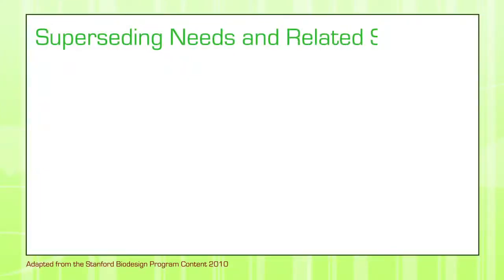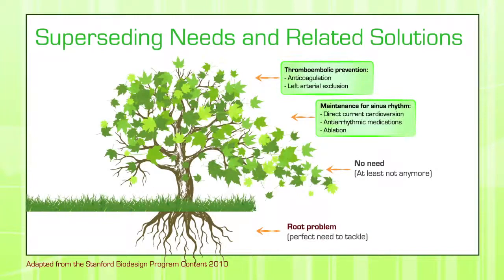There are needs that supersede other needs or that relate to other needs. And basically what you always want to do when developing need statements, or at least good need statements, is to try to go as deep as possible into the root cause of the problem, okay? You can see that a problem is very similar to a tree. It has leaves, which are all the consequences of that problem.